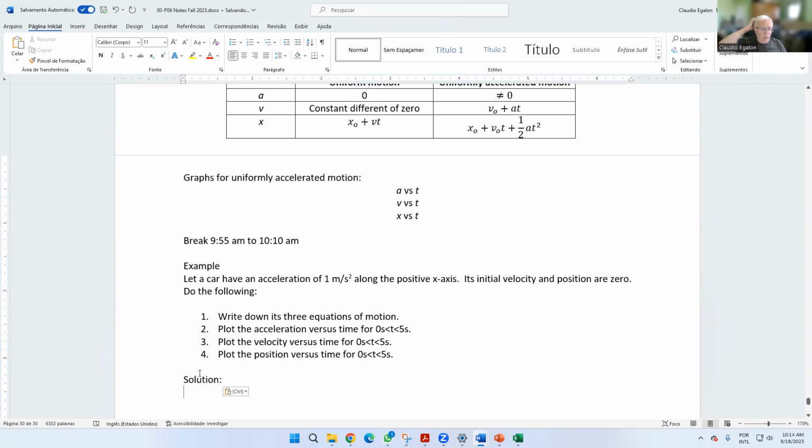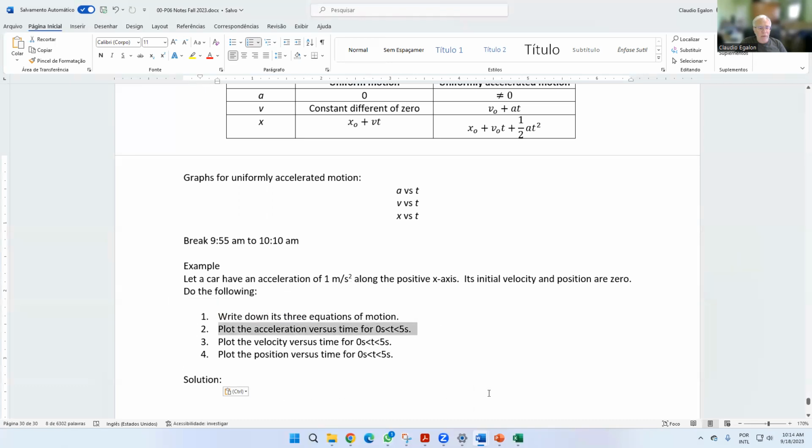Let the car have an acceleration of 1 meter per second squared along the positive x-axis. The initial velocity and position are 0. Do the following. One, write down its equations of motion. This is a much simpler example than the generic formula that we have. Notice the initial velocity is 0 and the initial position is 0.